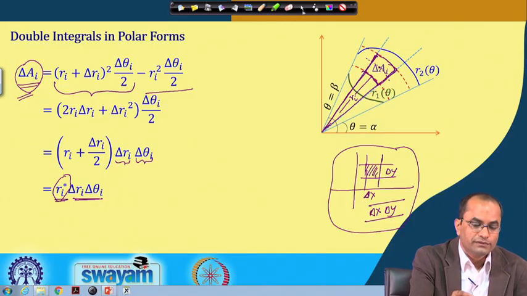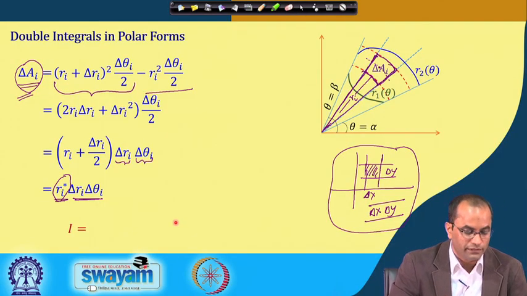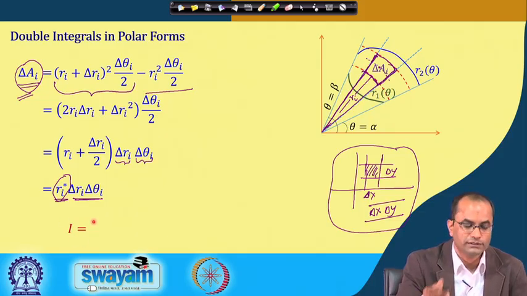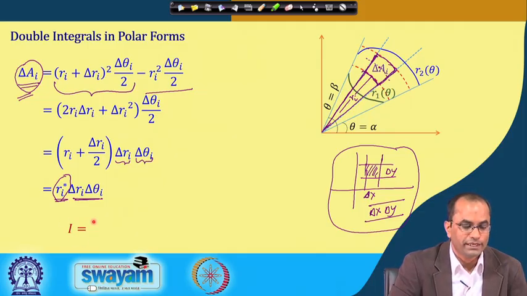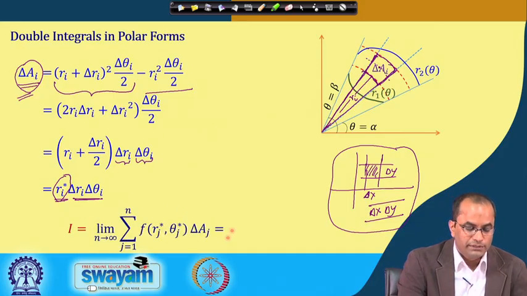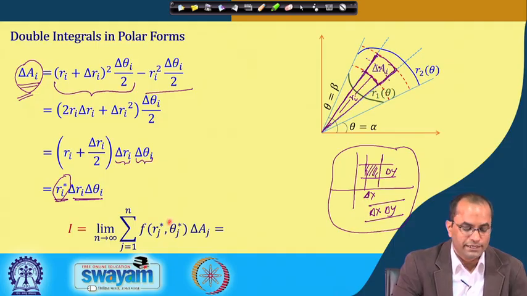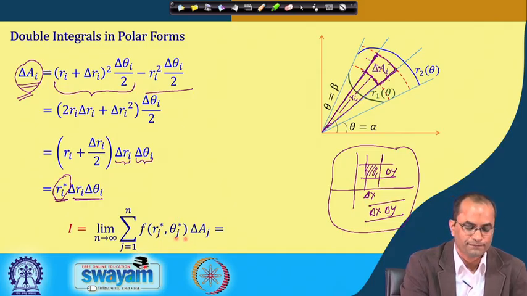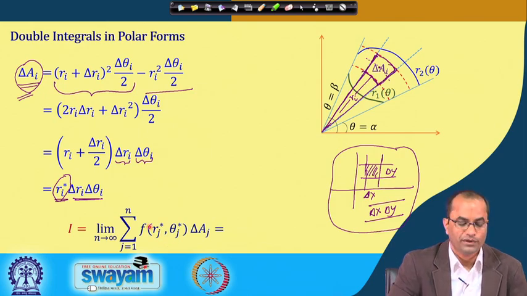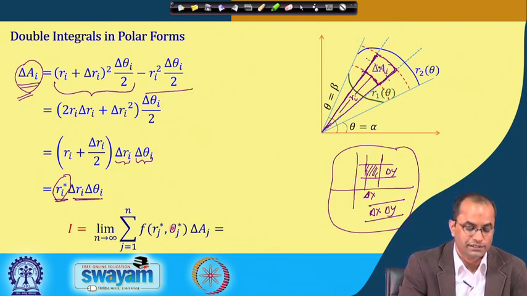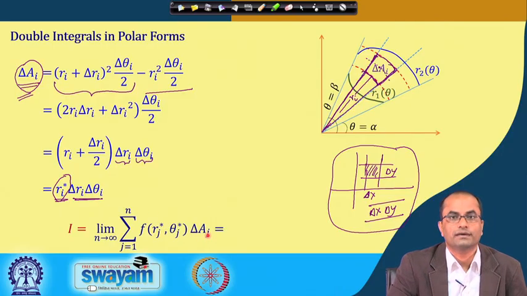And now, because of this, we will define the integral I over this domain here, which is described in the polar form by these limits. So, we will do the same. If a function is given, we will compute that function value at a point (r_i, theta_j) somewhere in this region, multiplied by delta A_j, similar to the Cartesian one.